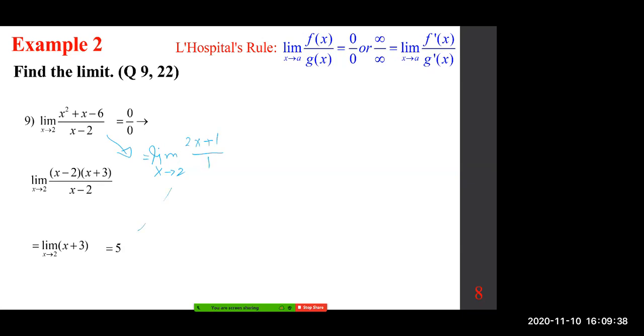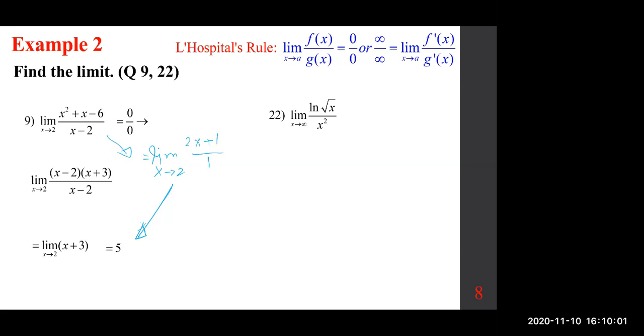And if you plug in number 2, you get the same answer. So the old rule, the new rule, it doesn't matter. L'Hopital's rule, you can use L'Hopital's rule from now on. Okay. All right. Let's look at the next one.